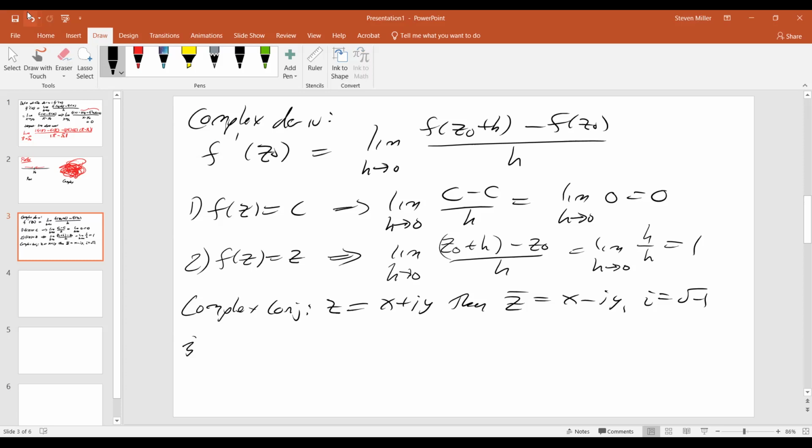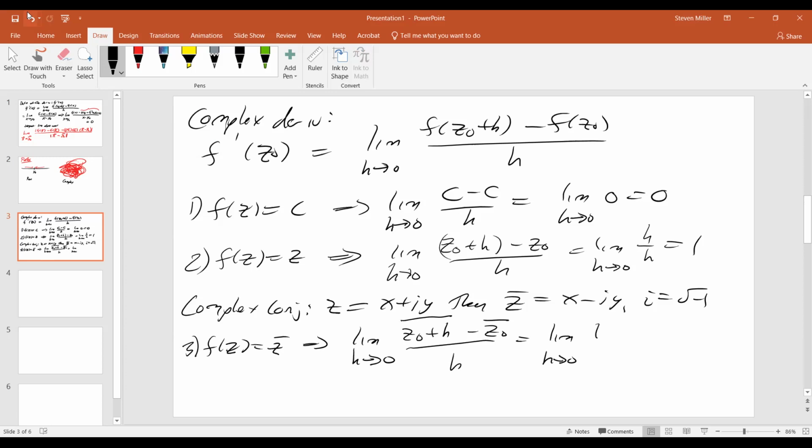So if we try f of z equals z bar, we would get the limit as h goes to 0 of (z naught plus h bar minus z naught bar) divided by h, which is the limit as h goes to 0 of h bar divided by h. And so depending on what we choose for h, we're going to get different limits. If I choose h to be real, what's this limit going to be? 1. So this limit equals 1 if h is real.